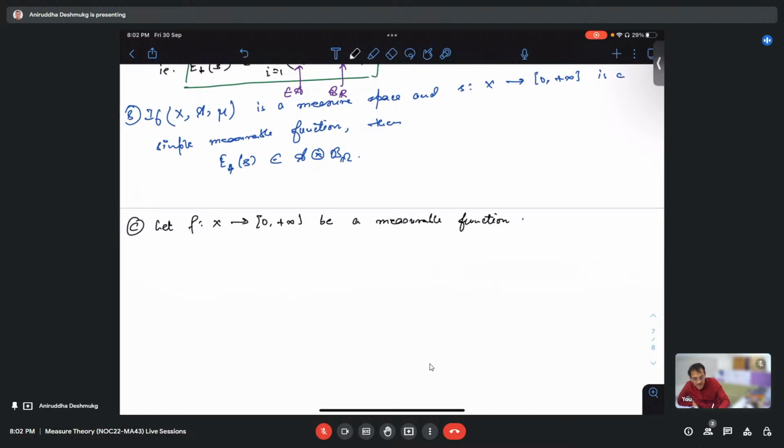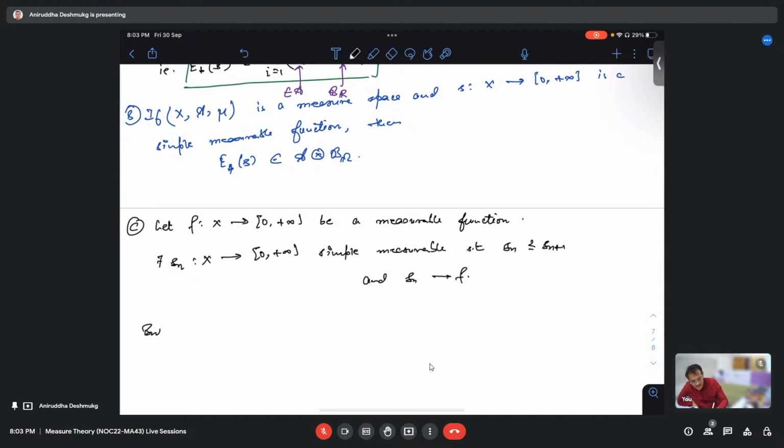So since it is a non-negative measurable function, there is a sequence S_n of simple measurable functions such that S_n's are increasing and S_n converges to f.